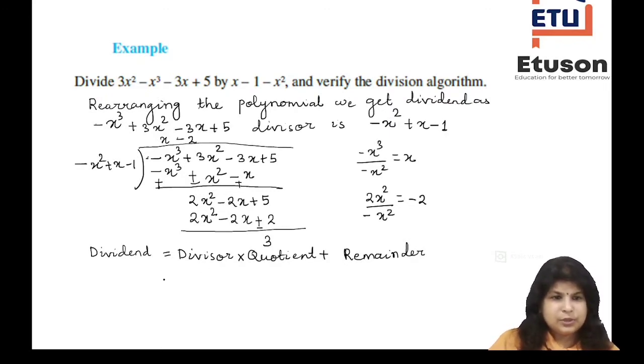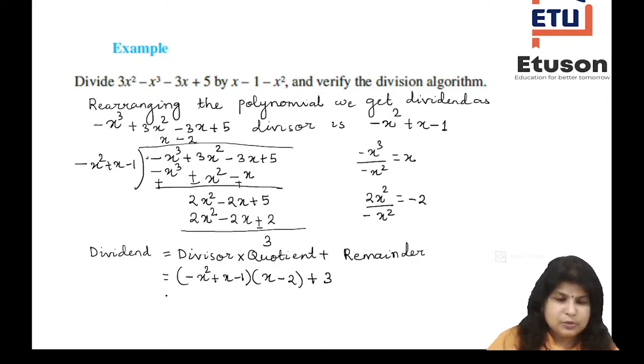So what is your divisor? Your divisor is minus x square plus x minus 1 into x minus 2. Remainder is plus 3. So just multiply it. You will get minus x cube plus x square minus x.